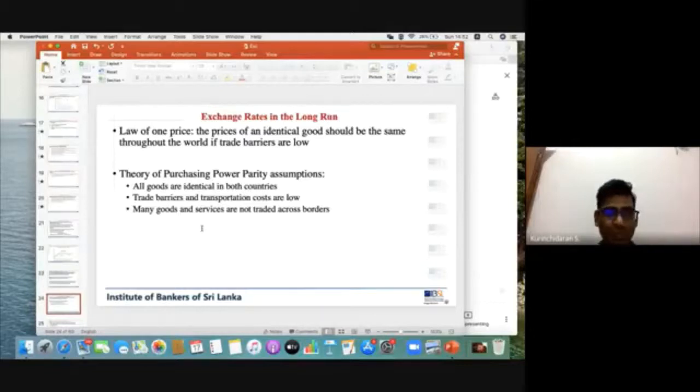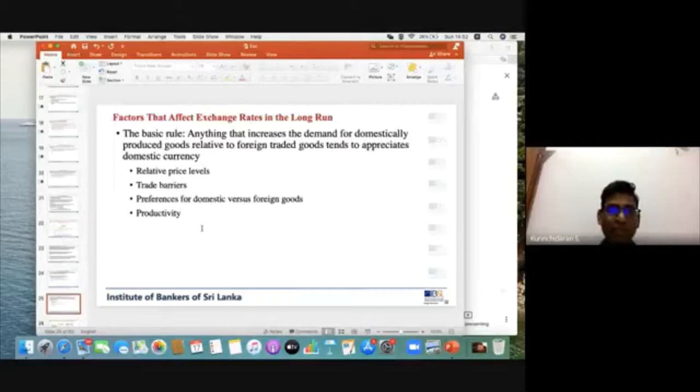With those assumptions, we say the price of identical goods should be the same throughout the world. So what factors are going to affect this exchange rate in the long run? We say the law of one price will prevail with the assumptions. If the law of one price prevails, then the exchange rate also prevails.